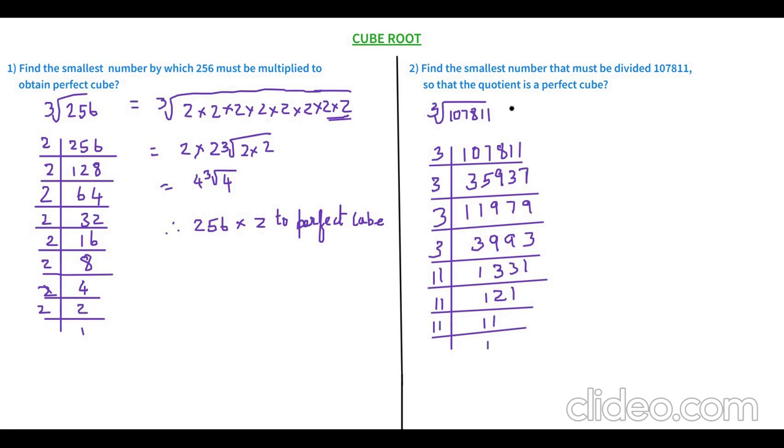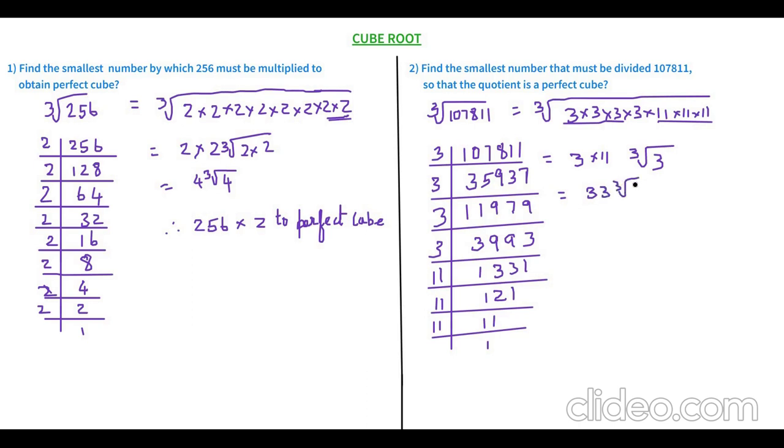Now when we write the cube root of this, there are 4 3's, 1, 2, 3, 4, and there are 3 11's. In place of these 3 3's, I will take one 3 outside. In place of these 3 11's, I'll take another 11 outside. So what is remaining in the cube root? We have a 3 here. So we have 33 cube root of 3.